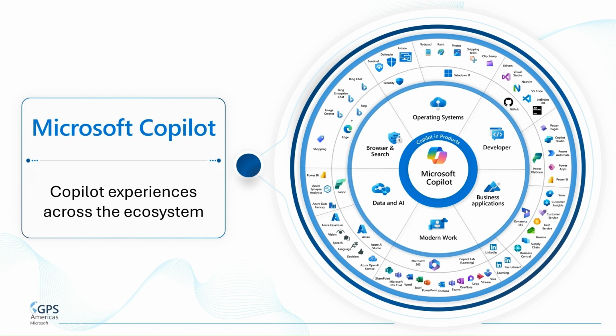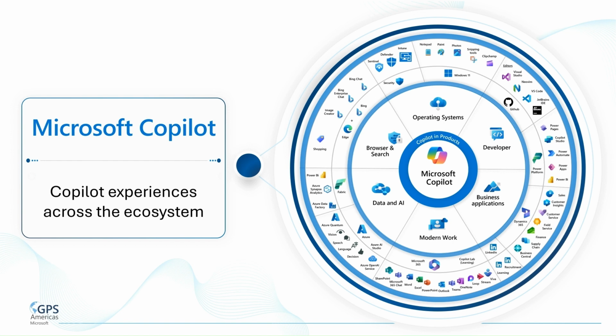Now, when it comes to this pinwheel, we can see that there is a plenitude of many different copilots that are out there in the ecosystem. And we don't plan on doing a demonstration in today's session of every one of them. What we hope to do is highlight some really important ones that will help you along your generative AI journey.